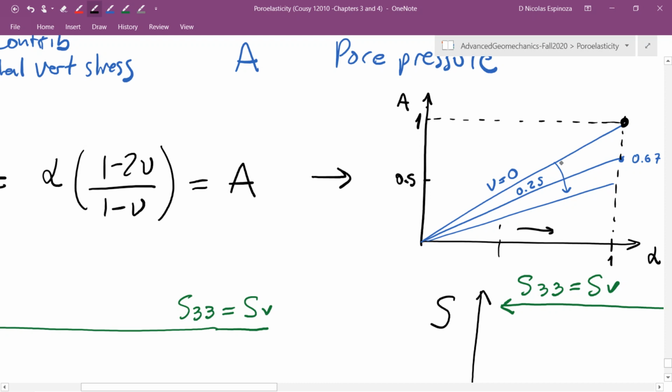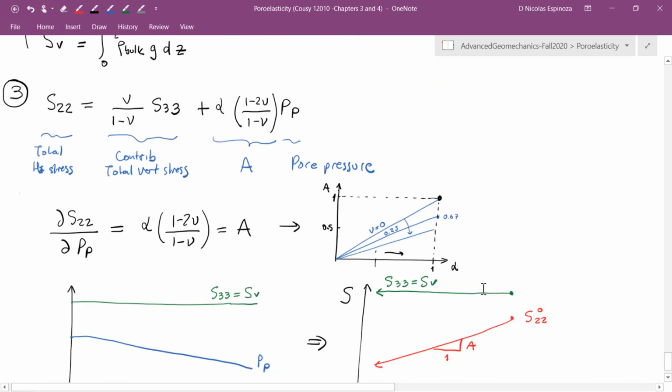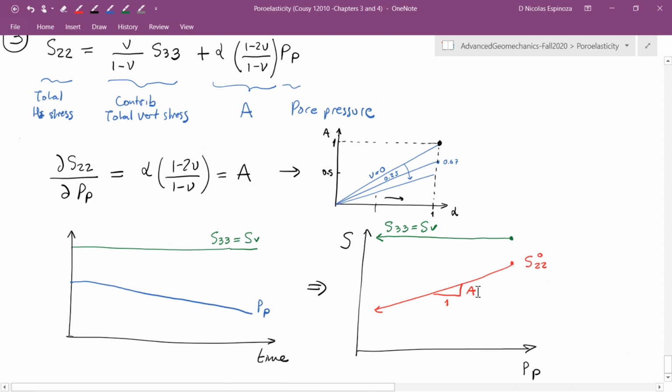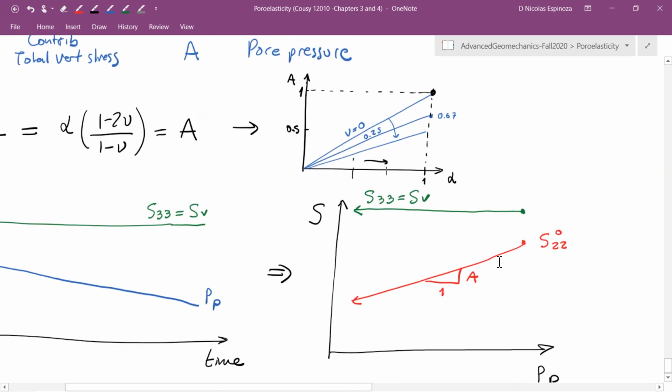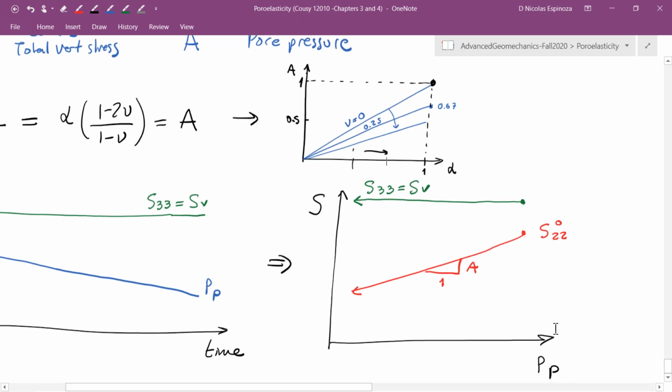At least that's what the theory of linear poroelasticity for isotropic rocks predicts. Okay, so this parameter A is going to be important because it's going to tell me how fast these horizontal stresses decrease with the change in pore pressure.